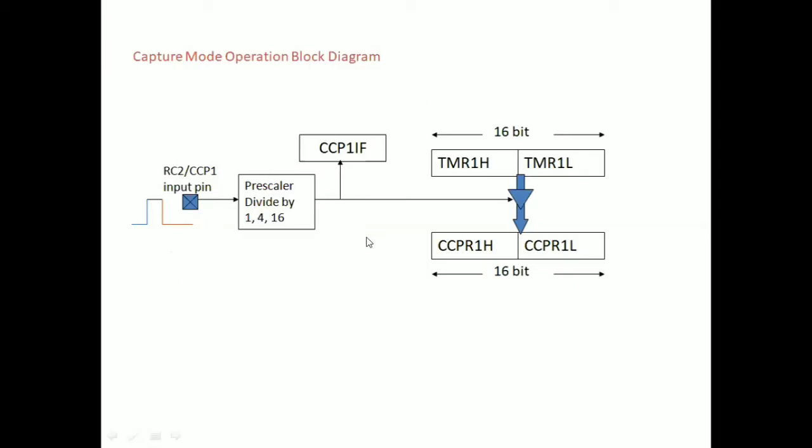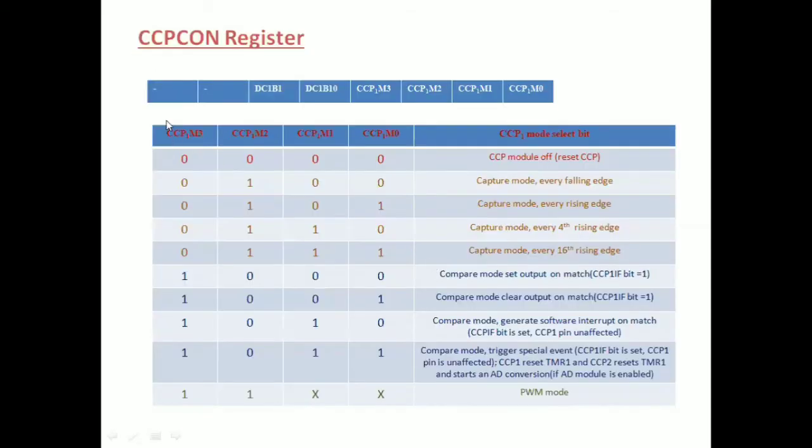When you are using this CCP module in the capture mode, you need to make sure that the Timer 1 module of the PIC microcontroller is turned on. The operation of the CCP module is controlled by the CCP control register. As I said, CCPM0, CCPM1, CCPM2, CCPM3, the combination of these 4 bits decides in which mode you are operating the CCP module.